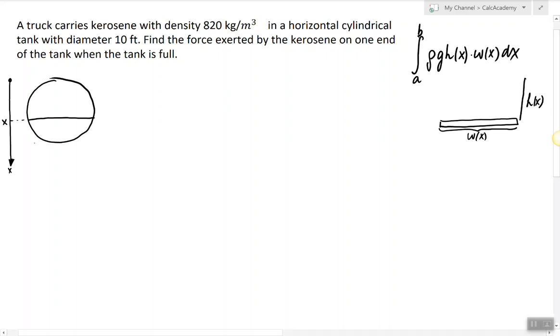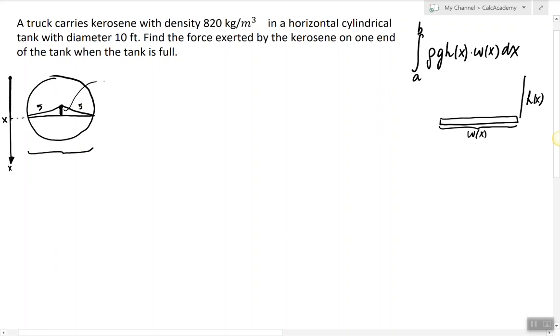And now to find the width of this line segment, we're going to do some geometry. The radius of the circle is 5. Since this line segment is x, therefore this line segment will be x minus 5.